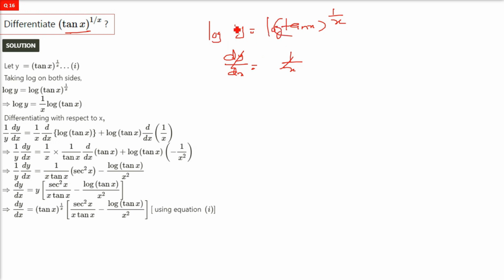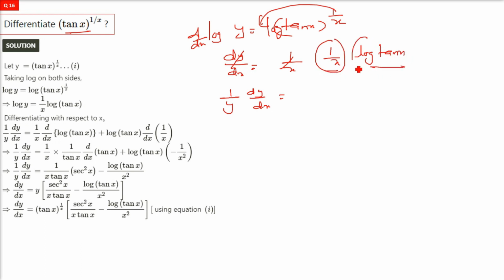So log on both sides, log y, and d by dx here. So we have 1 by y dy by dx is equal to 1 by x will come in front and log 10x. So this is 1 by x log 10x, and we'll apply the product rule here.